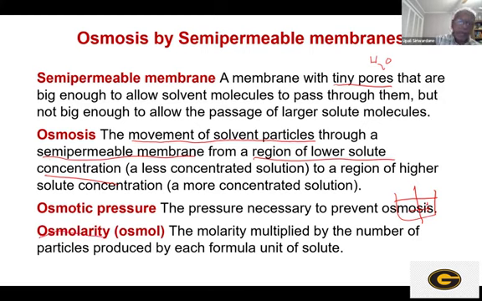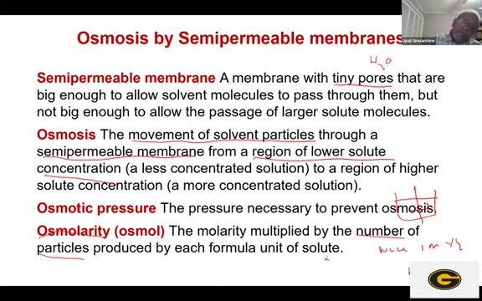Osmolarity is a term that we use for ionic compounds, where the number of particles is more than one, like sodium chloride. If you take 1 mole of sodium chloride, there are 2 particles. Therefore, osmolarity is molarity times the number of particles that it gives.